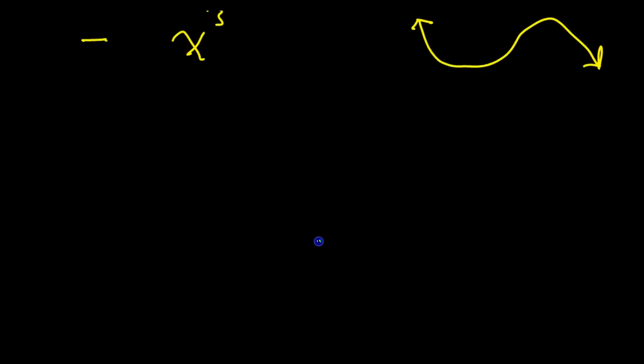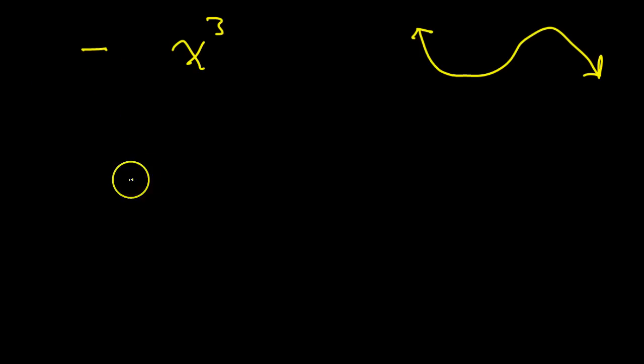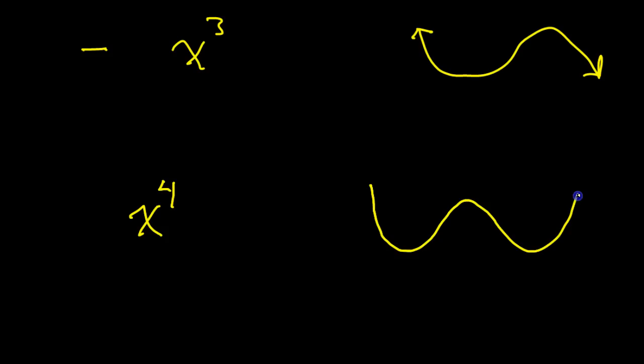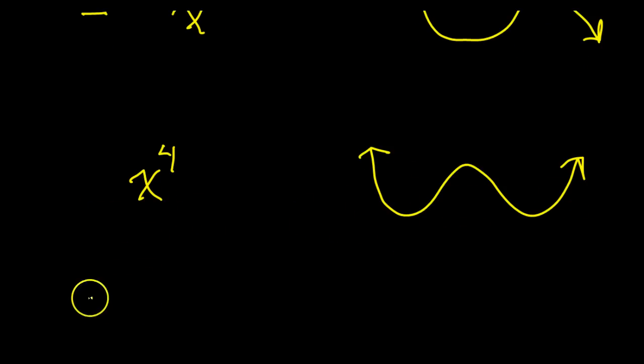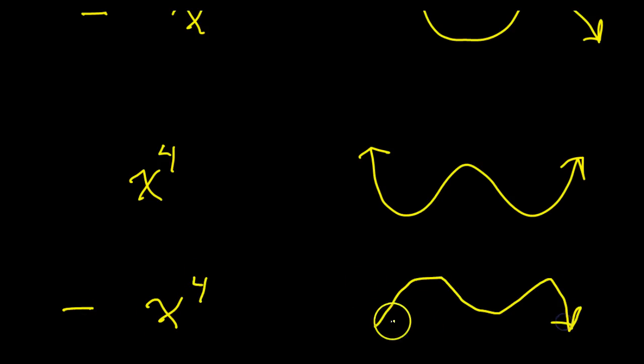And I could keep going from there. If I have x to the fourth power, I have memorized that that's going to be like a W shape. Now, it won't always exactly look like a W, but the end behavior, the way the ends will work, will always work like this, unless it has a negative leading coefficient, in which case I know it's going to be an upside down situation.